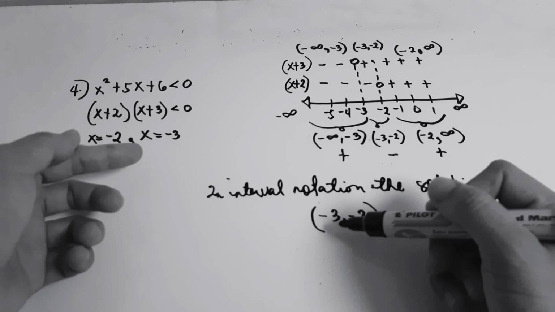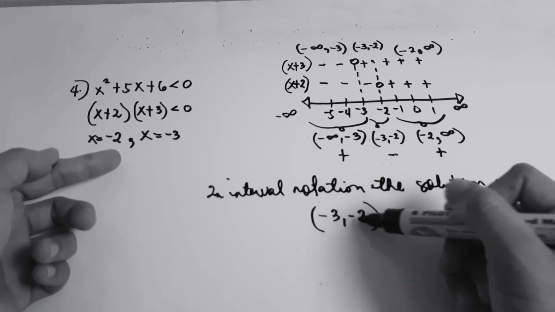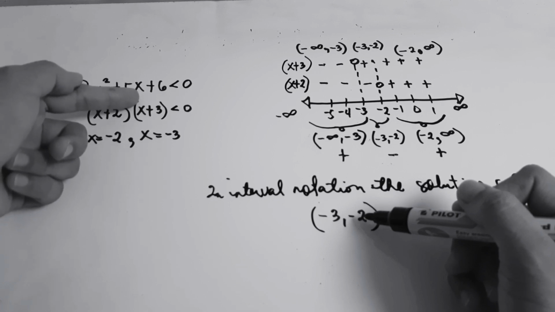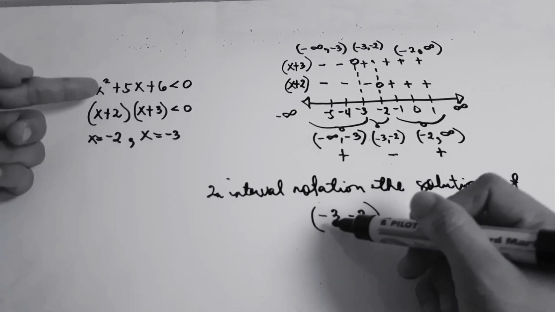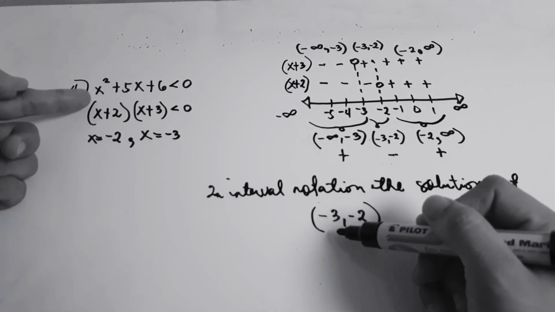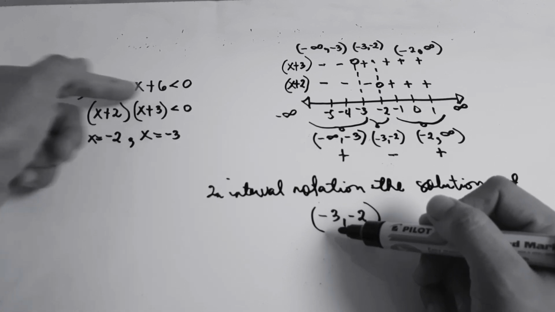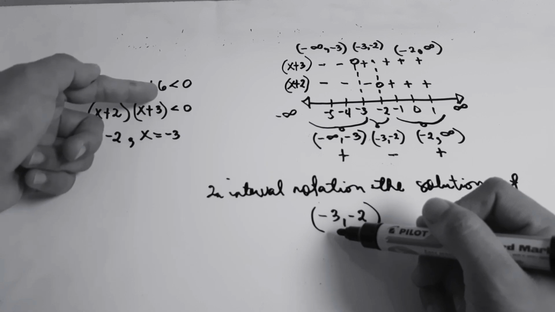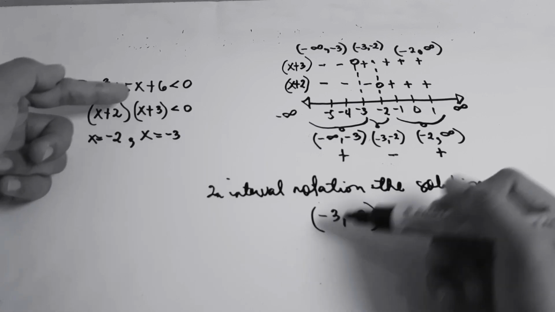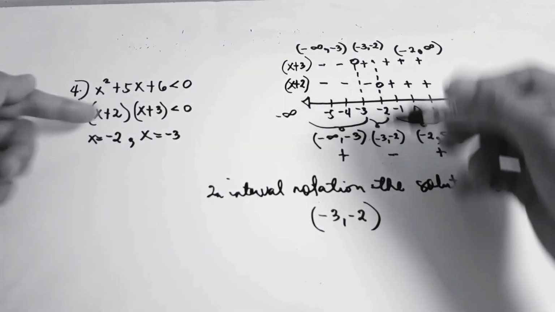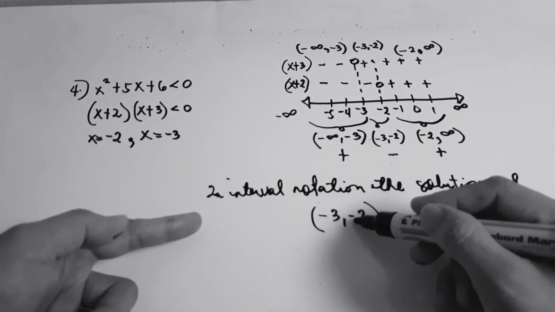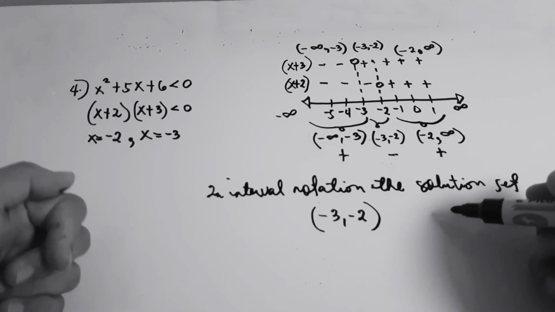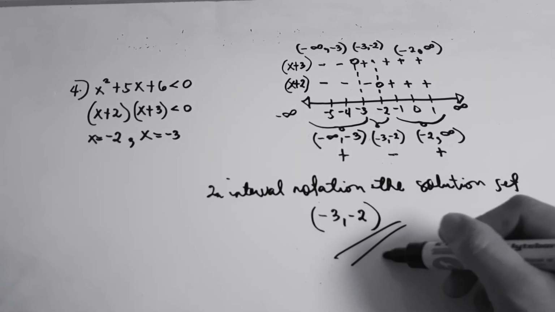But it's not including negative 3 and negative 2, since in the equation x squared plus 5x plus 6, when we substitute the value of x here, it is equal to 0. So it's not the solution, only the part in between. So only negative 3 to negative 2 is the solution set in interval notation. So this is the answer.